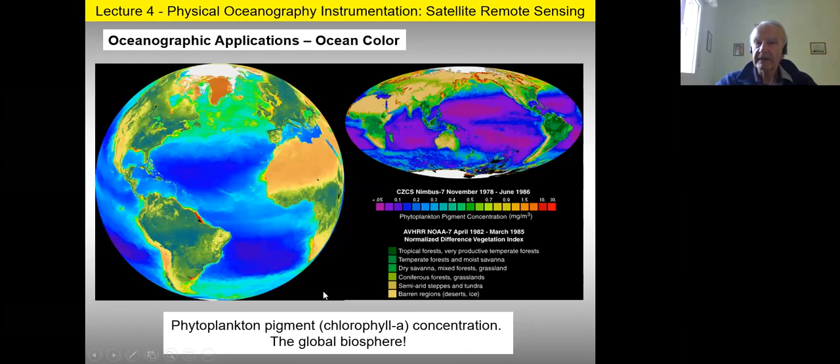Here is what I think we have seen. This is the phytoplankton pigment, or chlorophyll concentration, at the Earth's surface, which is the long-term average.